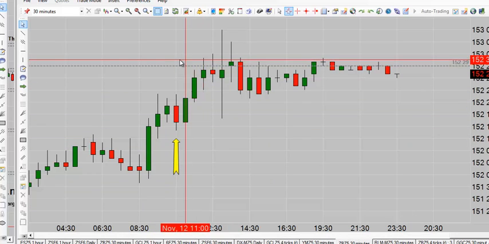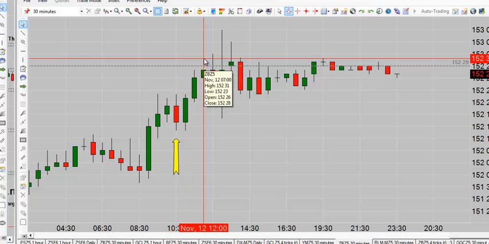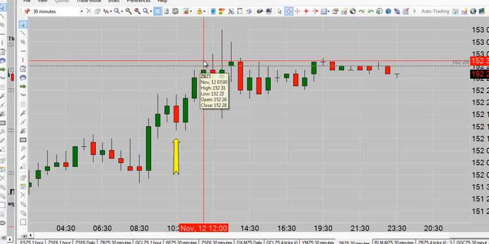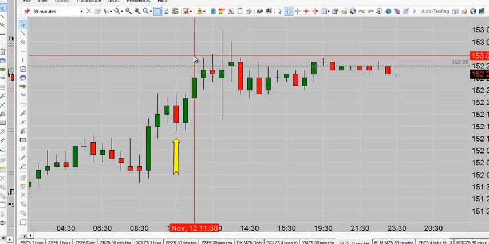And so we get a trigger, and we run up to 152.31. 29 to 31. Now, we pull back, because that's only 29 to 31. It's 2 ticks. We need 4 to get our stop to break even.